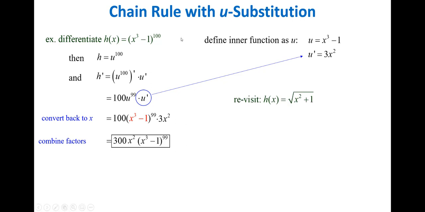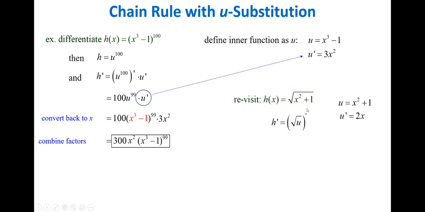All right, so now knowing this, let's go back to radical x squared plus 1. I'll define u as the inner function, x squared plus 1. And nothing to say that I can't take the derivative of u here while it's fresh in my mind. Either way is fine.